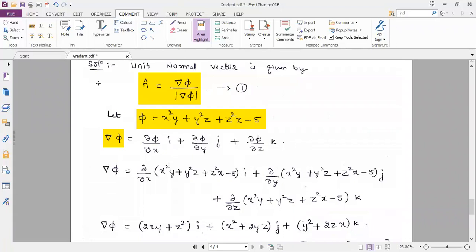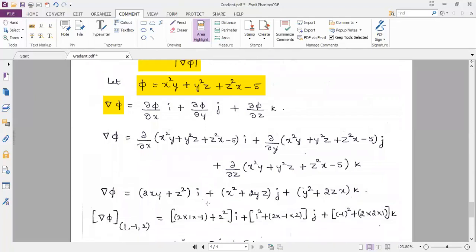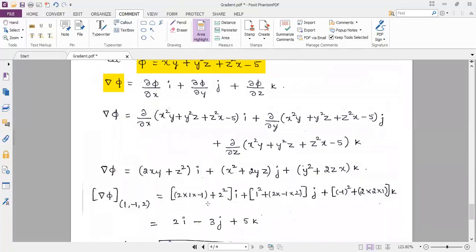So dou by dou x of (x square y + y square z + z square x - phi) into i cap. Similarly, dou by dou y of the same into j cap. Last term, dou by dou z of the same into k cap. Let's do partial differentiation with respect to x, with respect to y, and with respect to z.